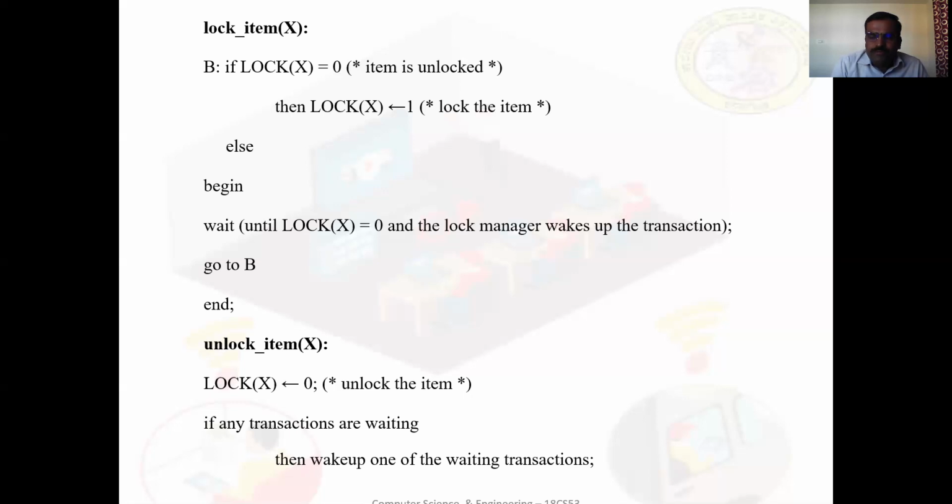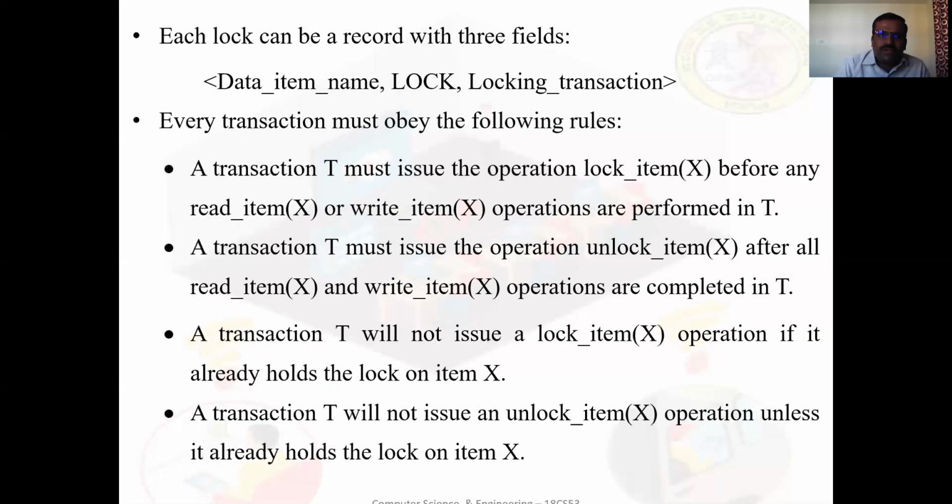In its simplest form, each lock can be a record with 3 fields: data_item_name, lock, and locking_transaction.